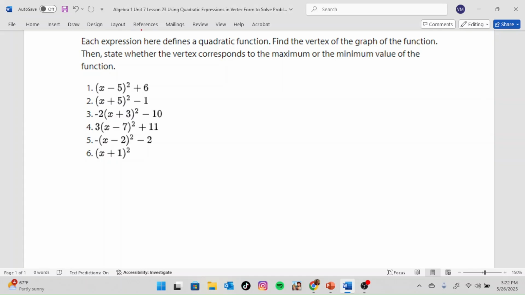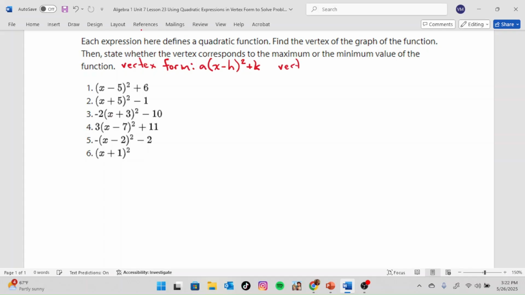So remember that in vertex form, we have a times the quantity of x minus h squared plus k.